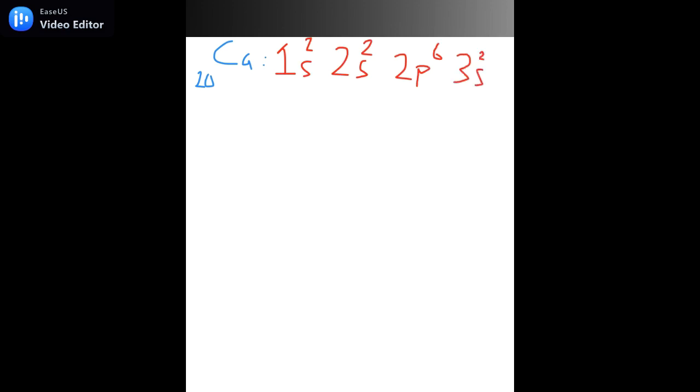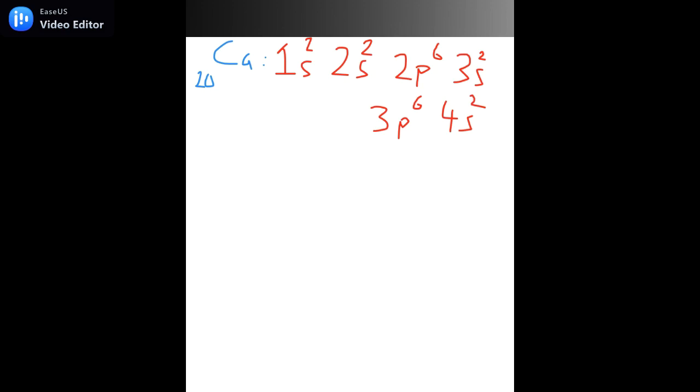These add up to 2 plus 2 is 4, 4 plus 6 is 10, 10 plus 2 is 12, and then there is 3p6 and 4s2. After 3p, 4s comes because the energy of 4s is less than 3d, as we did earlier.